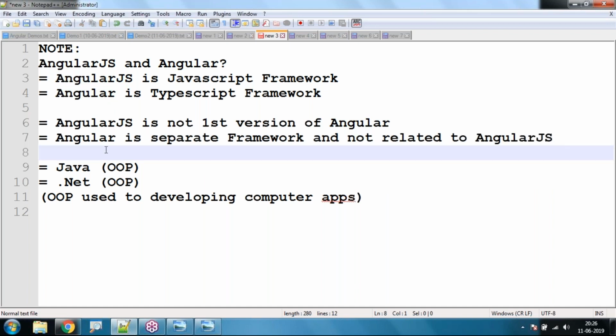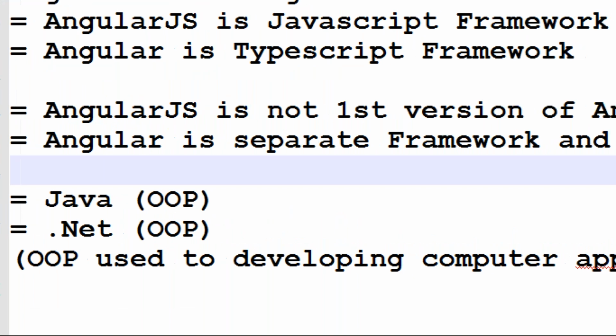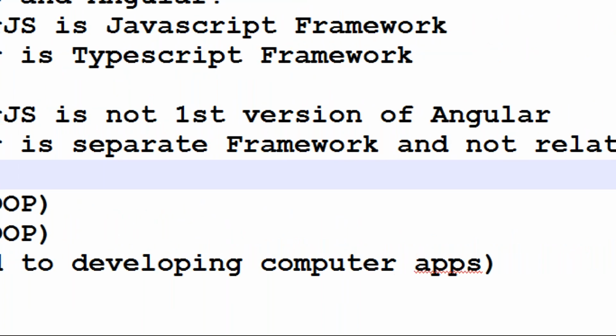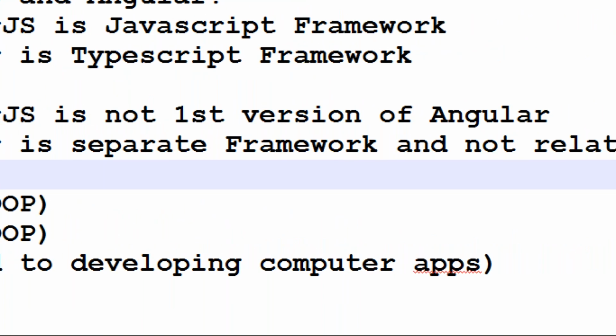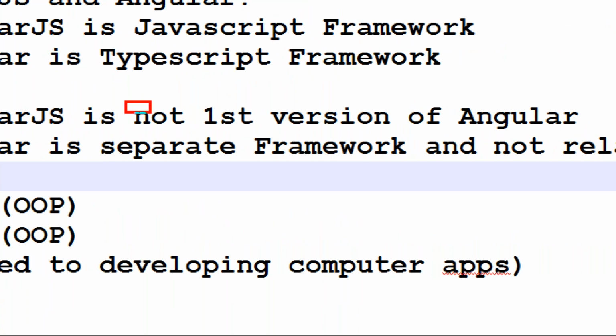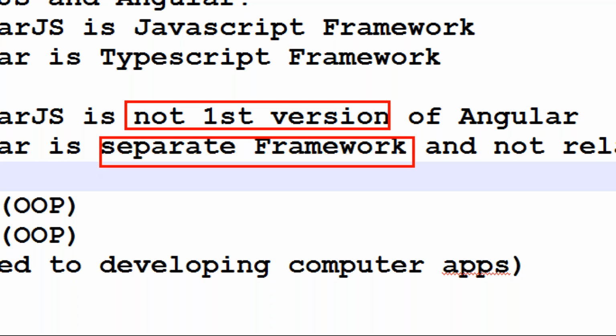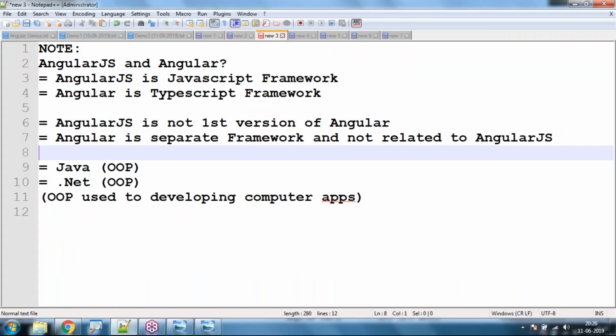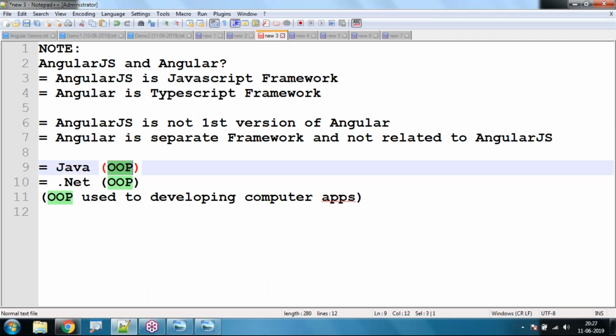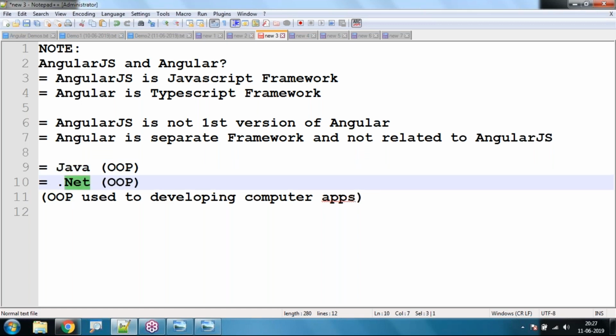So once again I'll repeat this: AngularJS is not the first version of Angular. Angular is a separate framework and it is not related to AngularJS. Then how can we understand AngularJS and Angular in simple terminology? Like we have object-oriented programming in Java, we also have object-oriented programming in .NET.